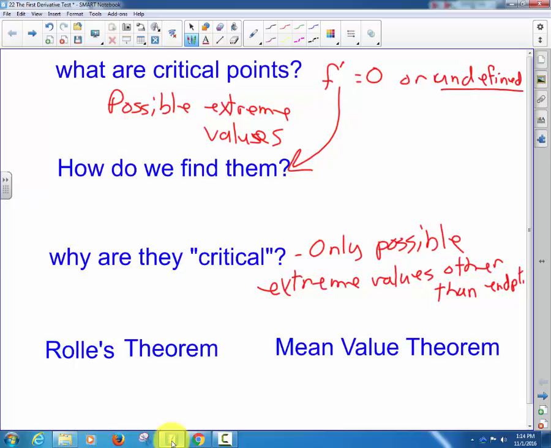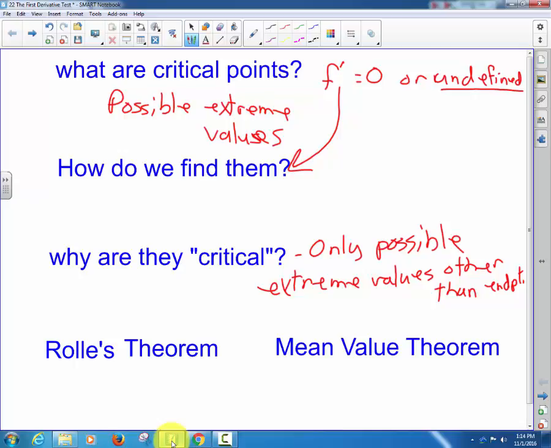So we talked about that at length. What are extreme values? What do we mean by extreme values? They either occur at endpoints or critical points, but what makes them extreme values? Max and mins, okay? And if you'll go back and look, we talked about them being absolute max and mins, or global max and mins, or absolute extremes, or global extremes.